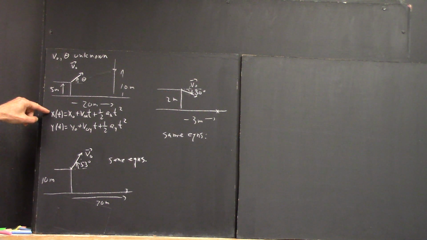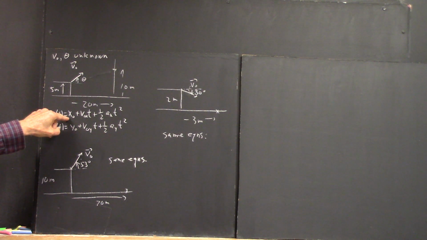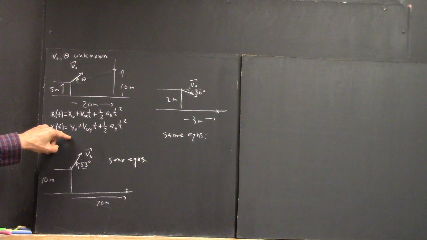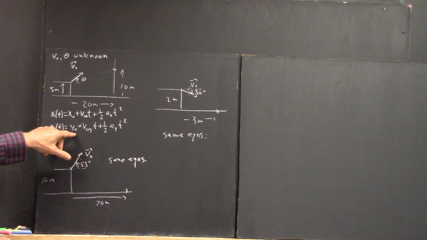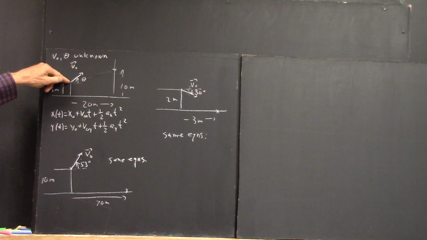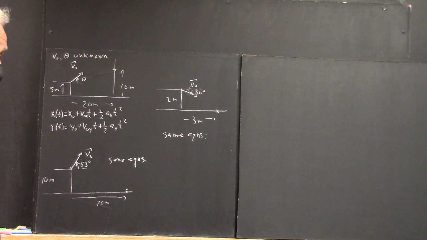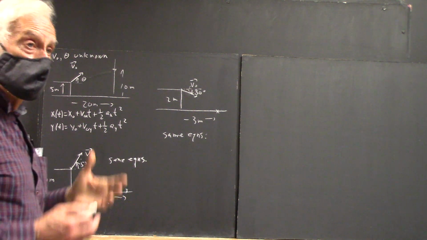The x value is going to be 20 meters more than x naught. And y of t is going to be 5 meters more than y naught, right? And end up 5 meters higher. Not going to be difficult to deal with those numbers.